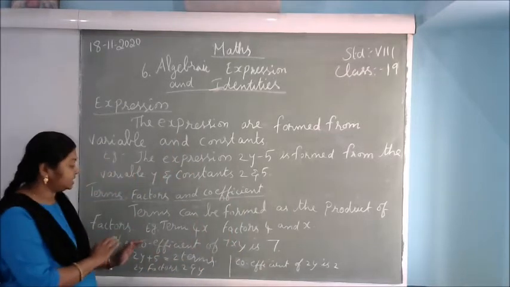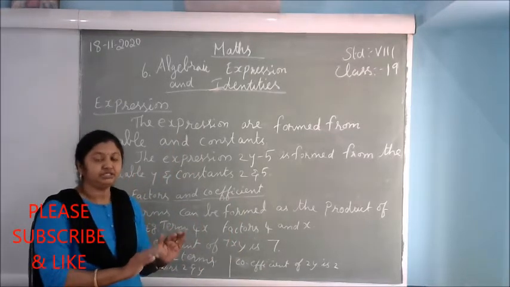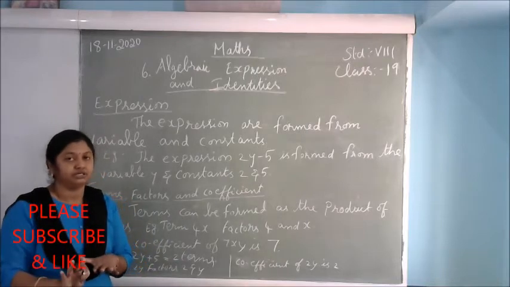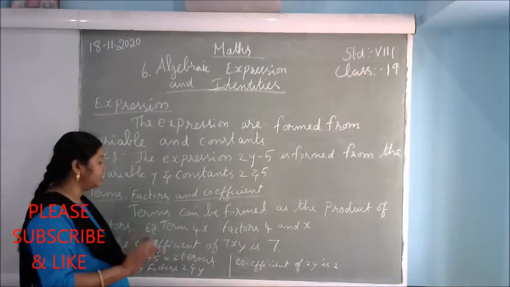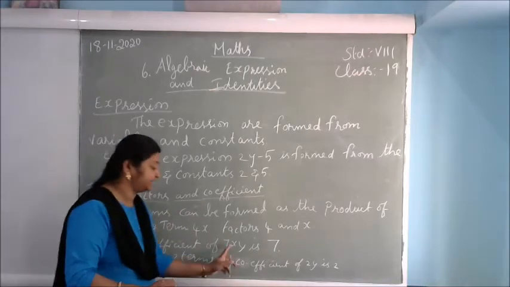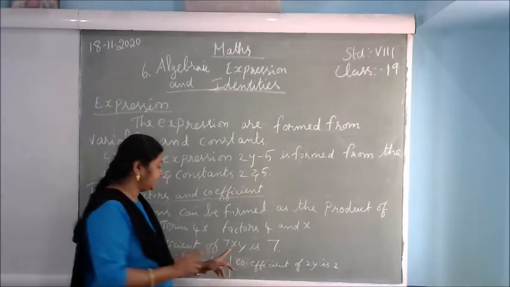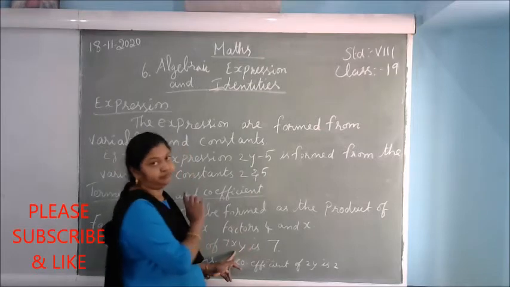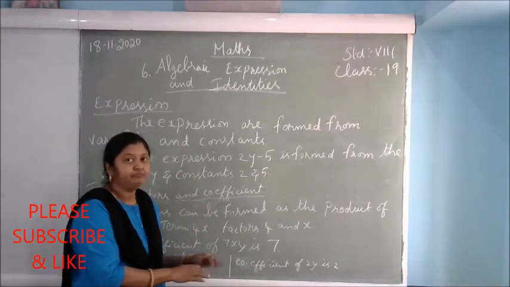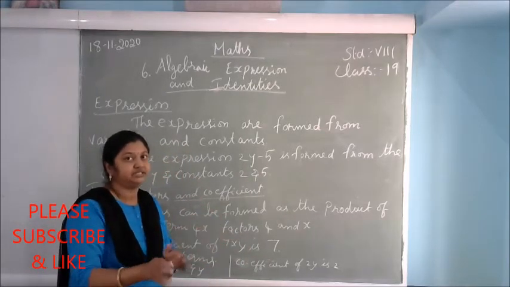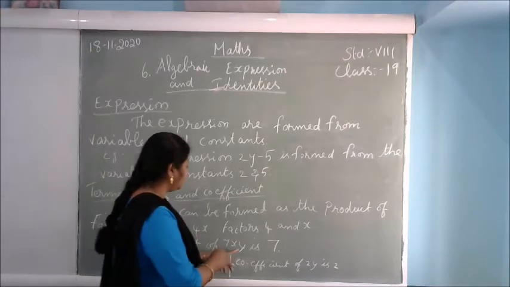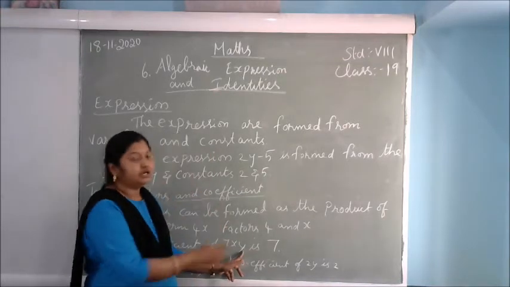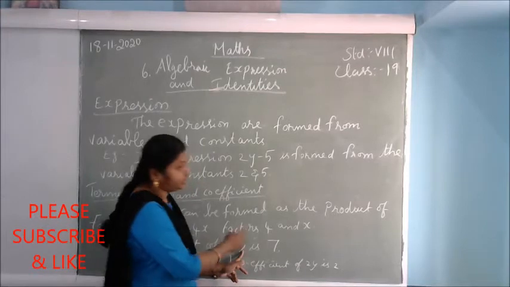Simply if they are asking what is the coefficient, only the constant number you have to write. Otherwise, sometimes they will ask what is the coefficient of x. Then the coefficient of x here is 7y. You have to leave the x there and write 7y as the answer. Suppose the coefficient of y is asked, then the coefficient of y is 7x, you should write.